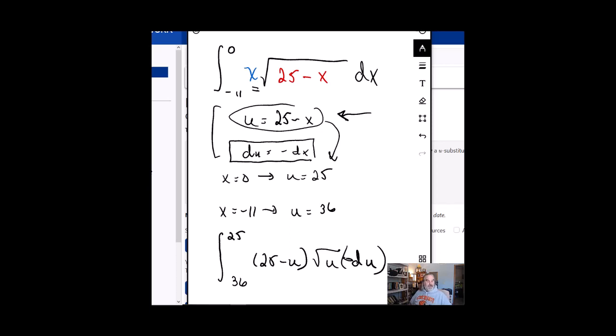Okay, and what that negative sign is going to do is let us flip the limits of integration around so that the larger one is on top as we would like. I mean, it's not necessary to do that, but it certainly helps. So I'm going to flip the page and rewrite this as the integral from 25 to 36 of 25 minus u times the square root of u du.